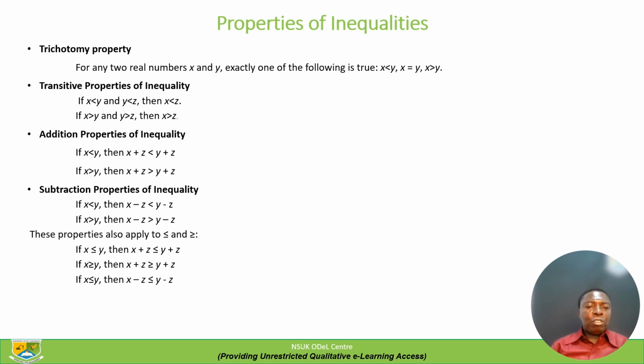So, subtraction properties of inequalities. If x is less than y, then x minus z is less than y minus z. If x is greater than y, then x minus z is greater than y minus z. These properties also apply to less than or equal to and greater than or equal to. Please bear that at the back of your mind.